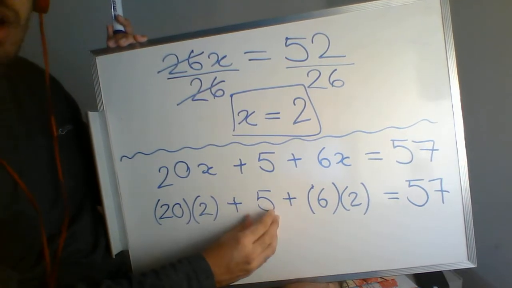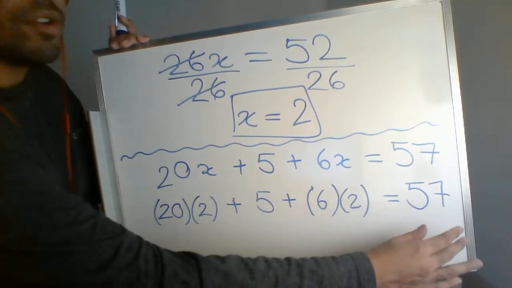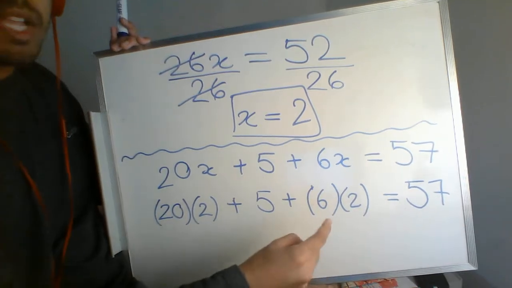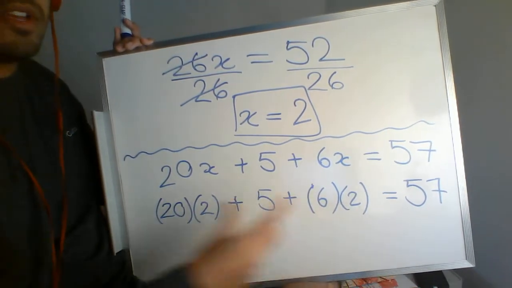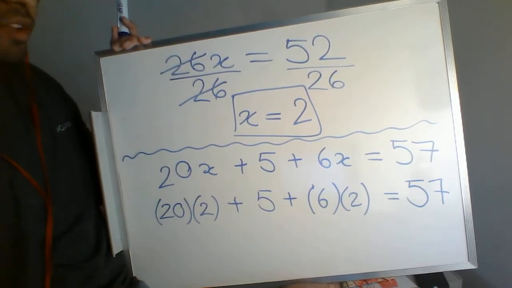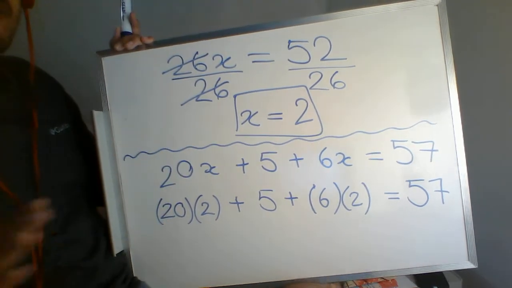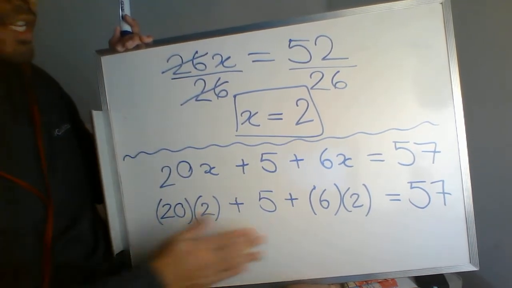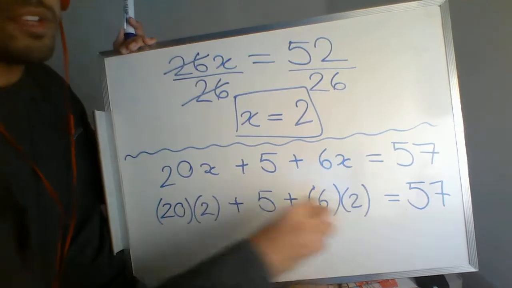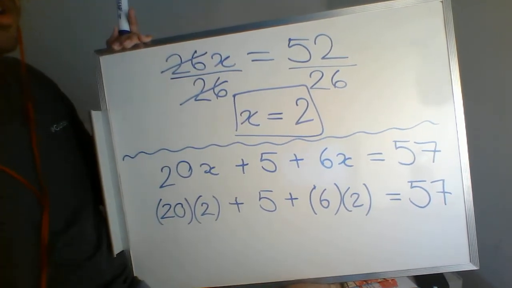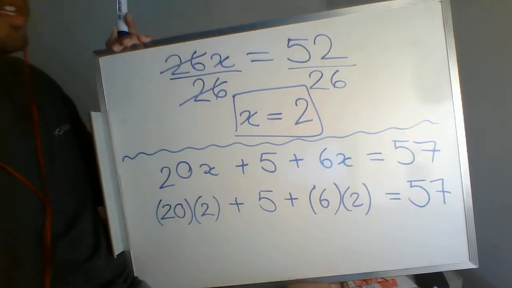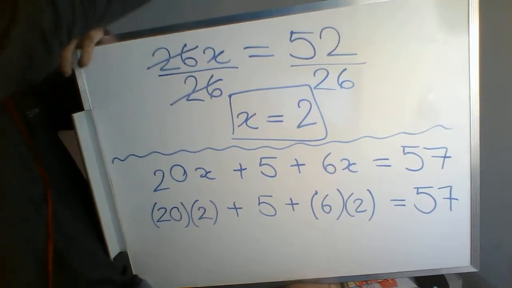So if I got rid of the 5 from this side, I'd be subtracting it over there, so that would become a 52. And then I would want my remaining terms to add to 52. If that's confusing, don't worry about it. Basically, we just want the left side and the right side to equal each other, but it doesn't matter if they're specifically the number 57, even in a question like this one.